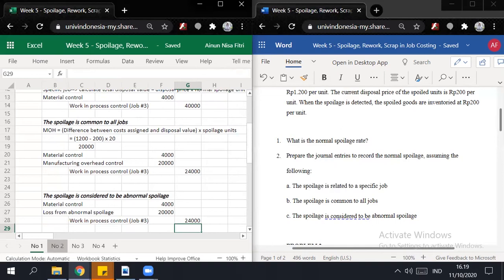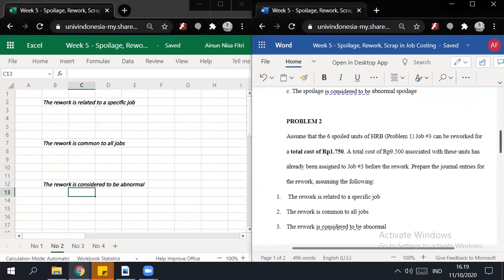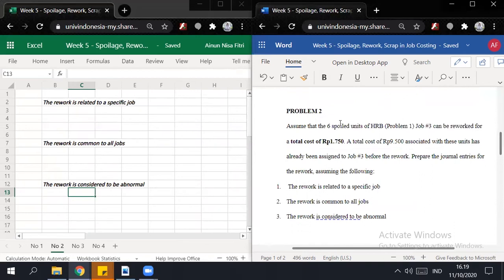Now let's move to second question, or problem number 2. So for problem number 2, assume that the 6 spoiled units of HRB, well, it is still related to the previous question in problem 1. Job number 3 can be reworked for a total cost of 1,750.